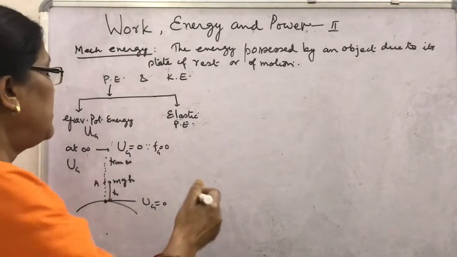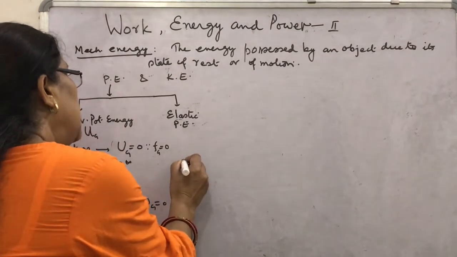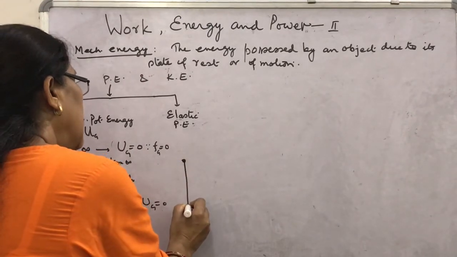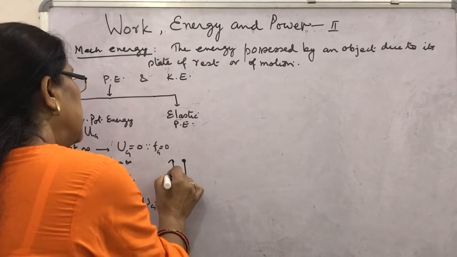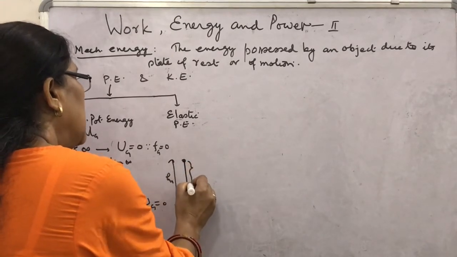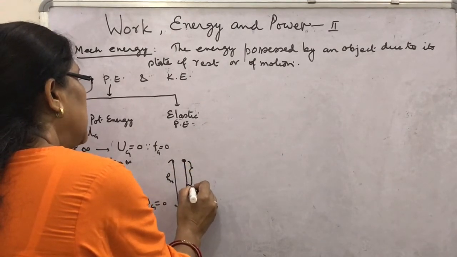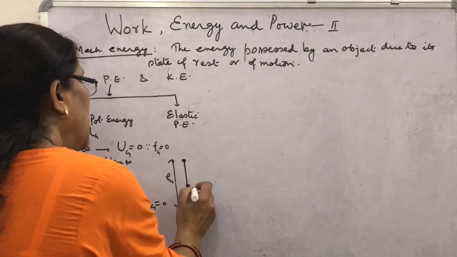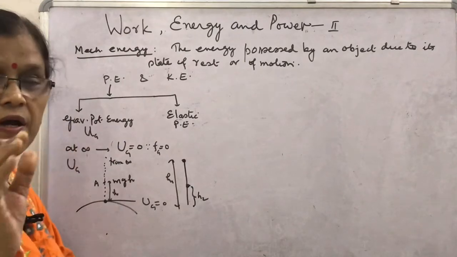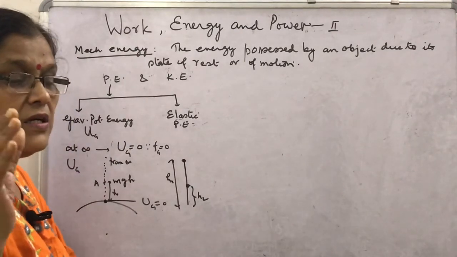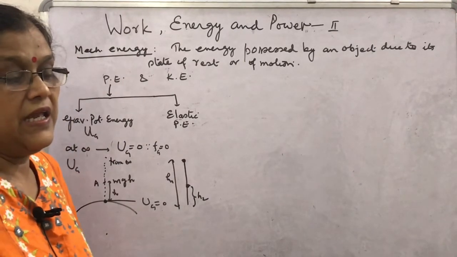Now if you see that an object is falling freely, suppose this is the height h1 at which the object was, and now this is the height h2. How will you find the loss in energy?